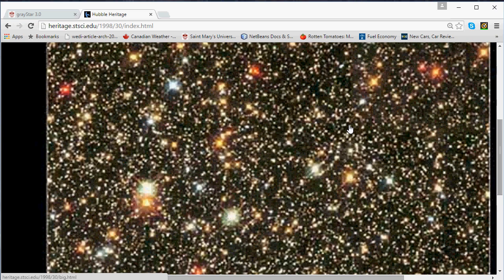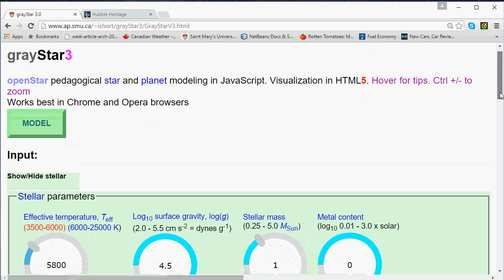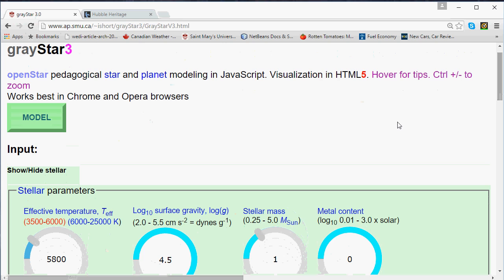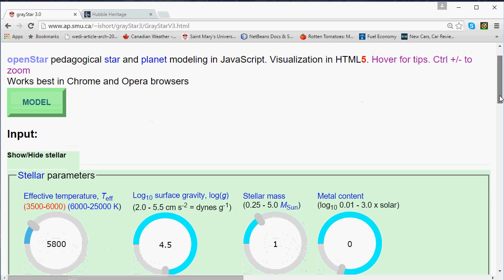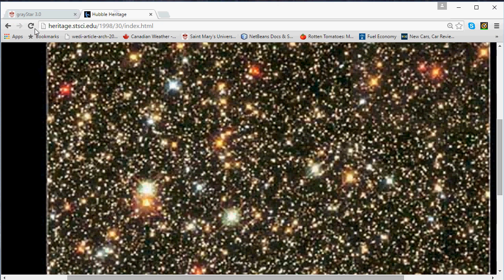And then the activity is that you could have students load the Greystar 3 virtual star simulator in a web browser using classroom PCs or their own tablets or whatever they have, and just play around with the input controls to see if they can match the colors that they see in the image.